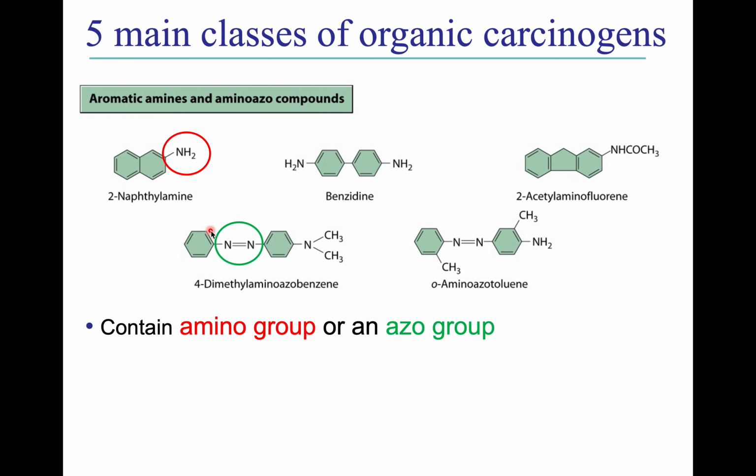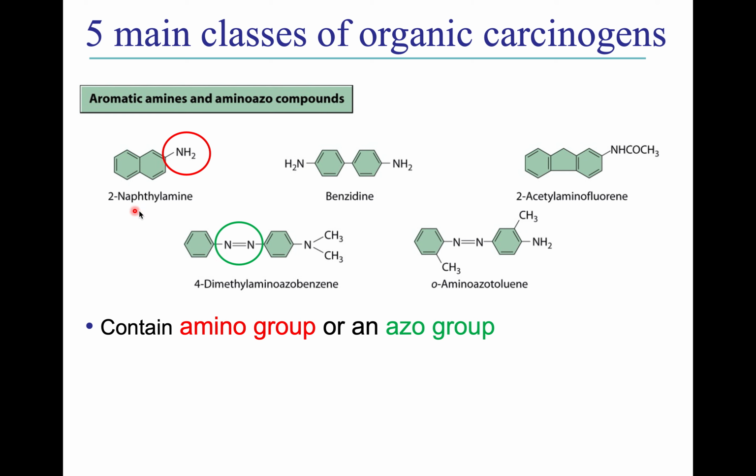The second class is the aromatic amines, or the amino-azo compounds, and these are defined by these specific chemical groups. So the aromatic amines have the amino group, usually have, again, a multiple ring structure, and then the amino-azo compounds have this azo group, which you can see circled here in green.